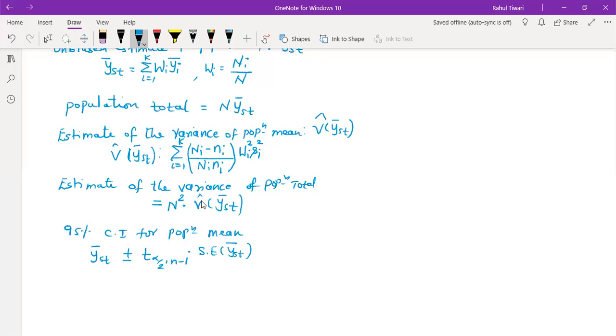These are the formulas we are going to use.